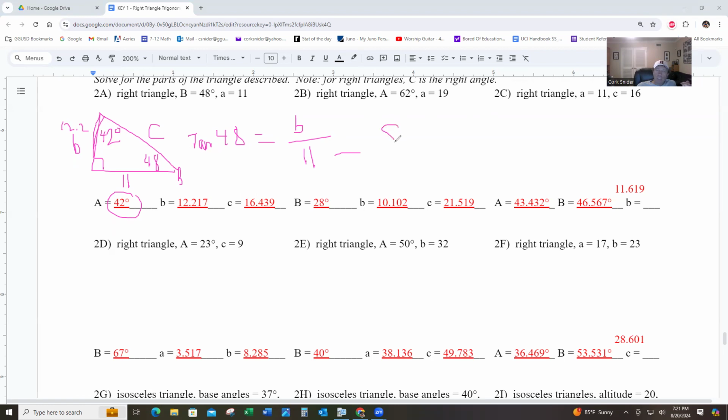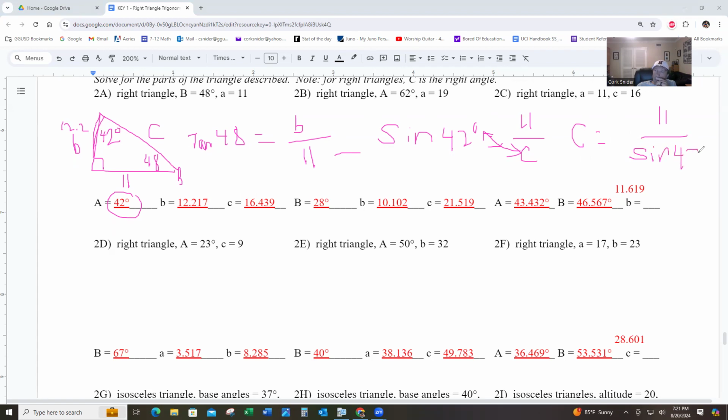I'm going to do the sine of 42 degrees equals the opposite 11 over the hypotenuse, which is C. Okay. I'm going to switch these using simple math. And so C is going to equal 11 divided by the sine of 42.